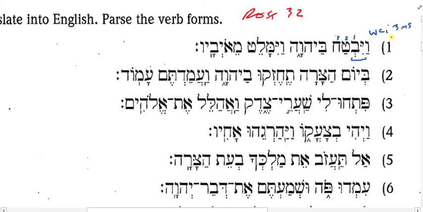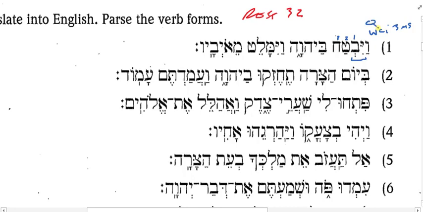Yifkod, right? The nifal is yipakeid, with the qamets under root 1. Piel and pual have vocal shevas under the yod: yefakked, yefukkad. Hifil has the A-class vowel, yafkid. Hofal has the U-class vowel under the yod, yofkad. Okay?